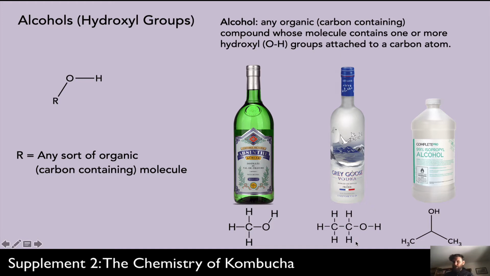Rubbing alcohol, isopropyl, is a propyl group, meaning a three-carbon chain, and the iso simply refers to the fact that the hydroxyl group is on the central carbon, sort of isometrically positioned within the molecule, equidistant from either end of the molecule. So isopropyl alcohol is a type of propanol. All right. So that's an alcohol group.